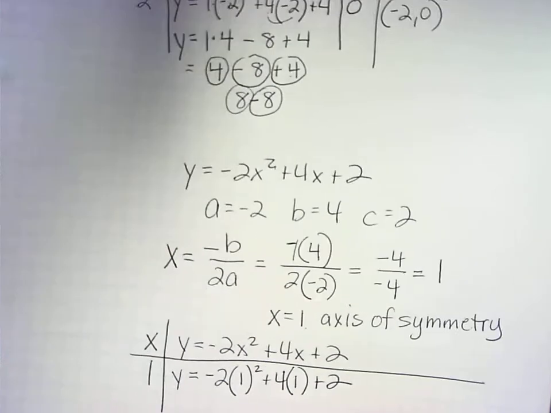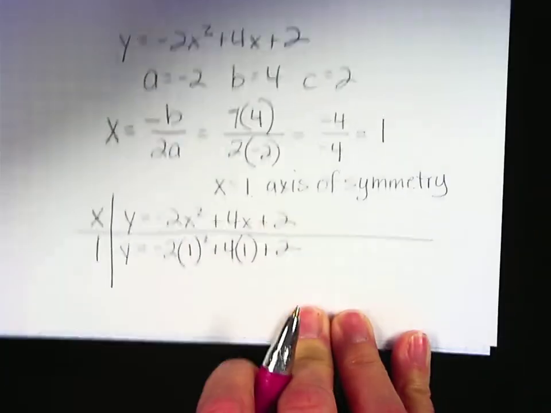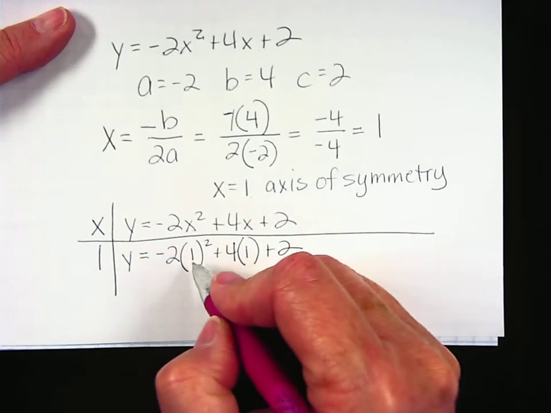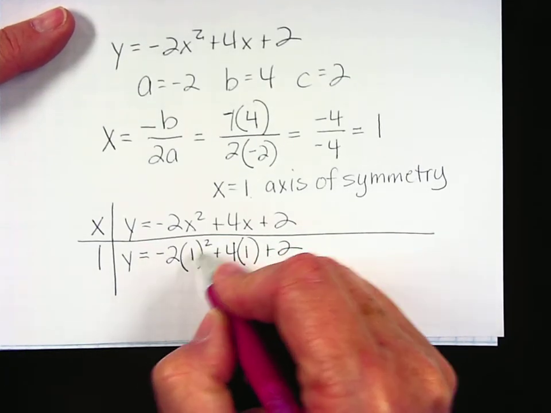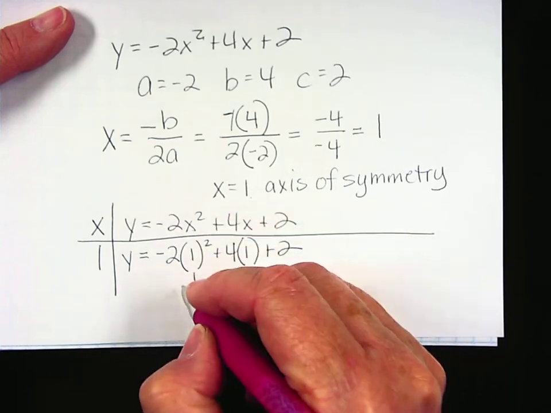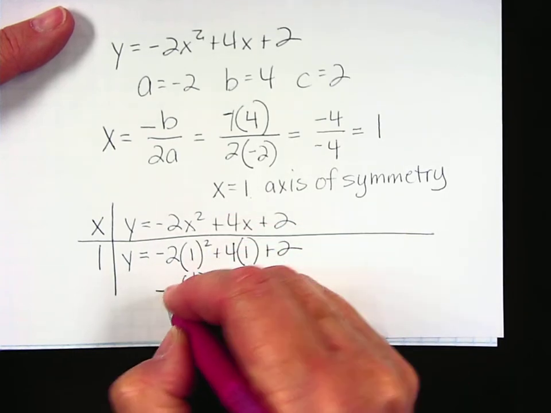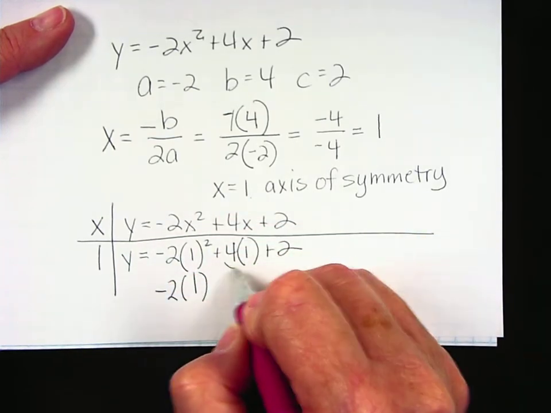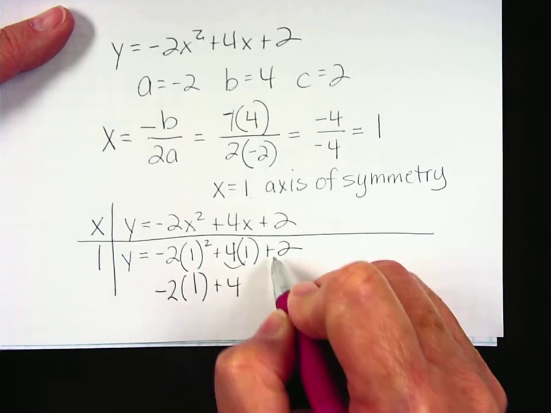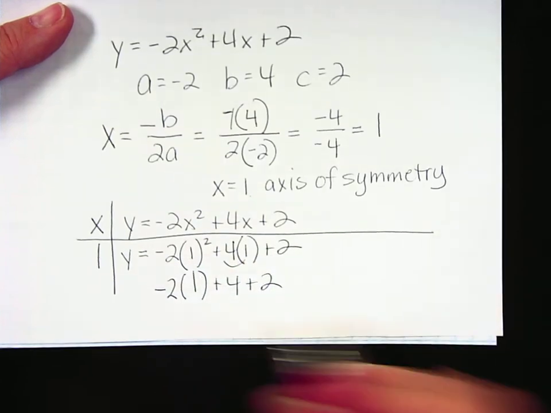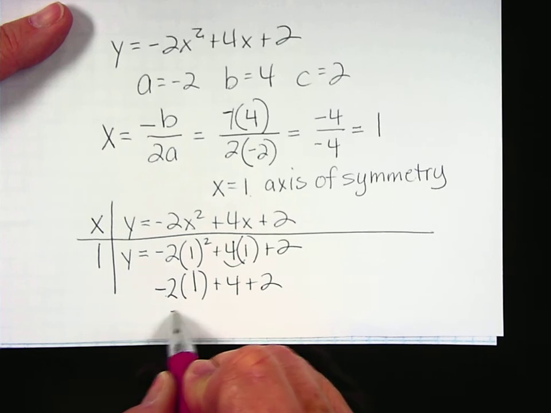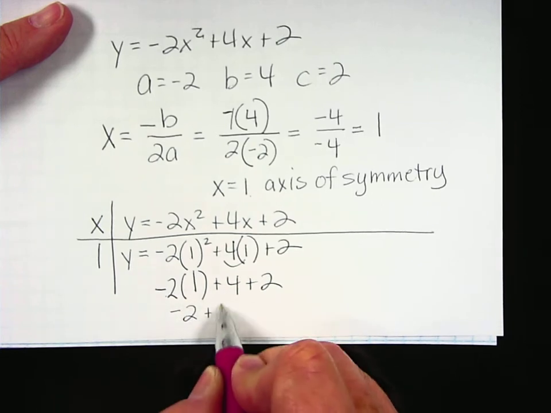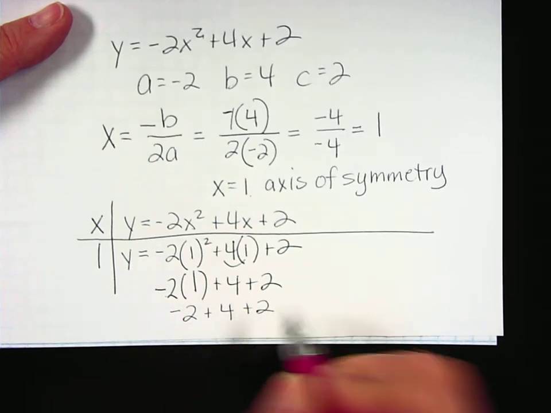I have to do my exponents before I multiply. So I'm going to square 1. 1 times 1 is 1. Then I'm going to multiply that by -2. 4 times 1 is 4 plus 2. -2 times 1 is -2 plus 4 plus 2.